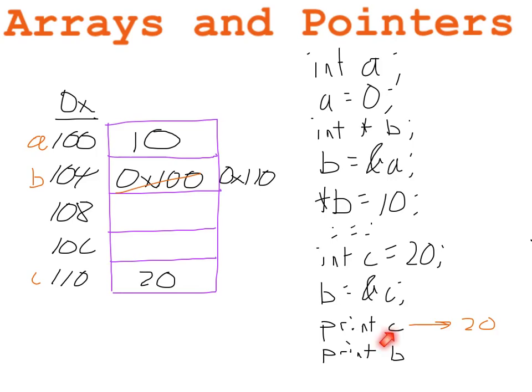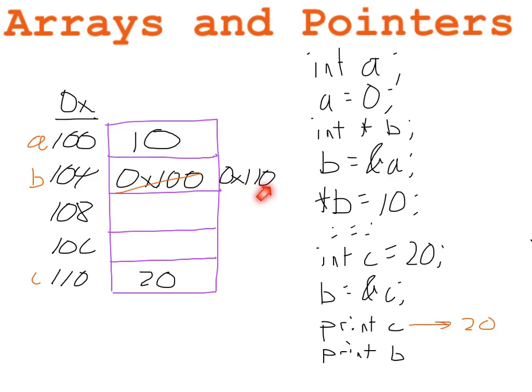It prints the contents at the address of c. The address of c was 110. The contents there was 20. So extending that concept to the second print of b here, what would happen is we'd go to the address of b, which is 104, and we would print the contents there. The contents is this hex address 110. So we would just print out to the screen address 110.